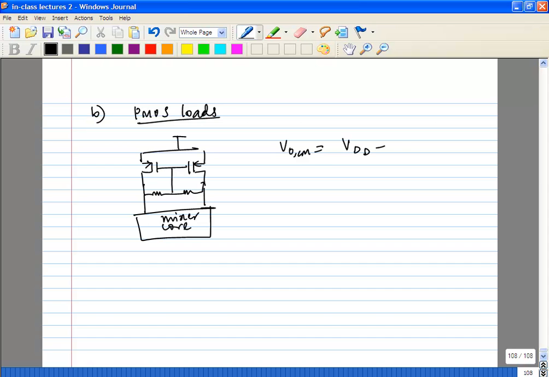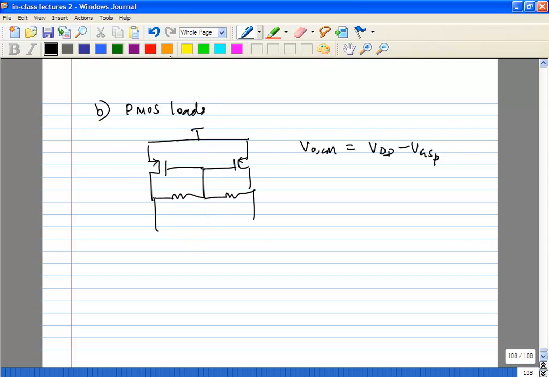It's just VDD minus the VGS of these two PMOS transistors. Okay, so let's say even this is not good enough. So the third thing we'll see is with some kind of common mode feedback.